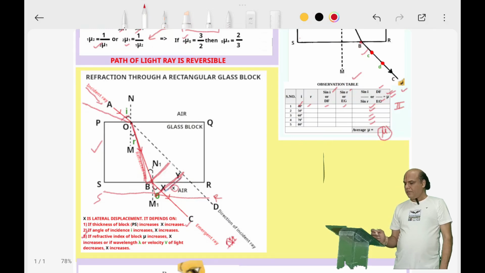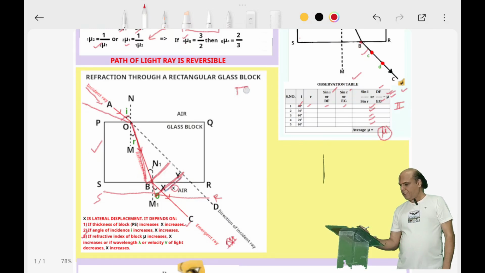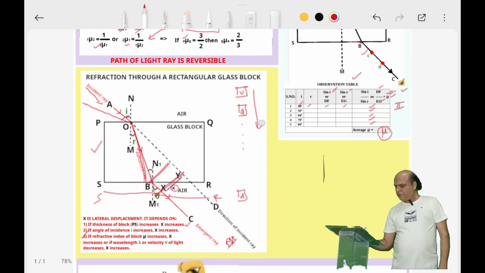Third point, see, we have seen earlier vacuum, air, and so on, the densest medium and down. So as we go from top to bottom, the velocity will decrease, and wavelength will also decrease, but refractive index will increase.